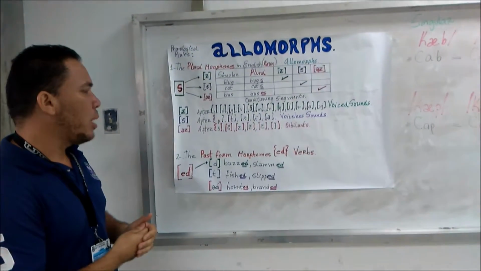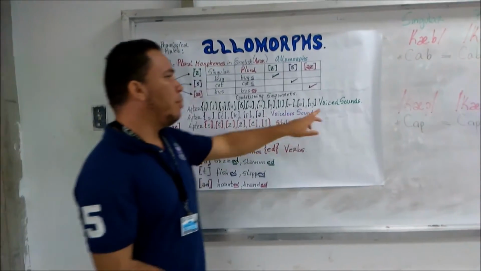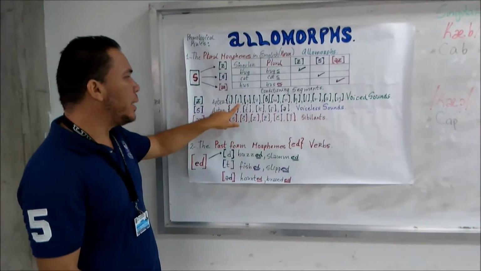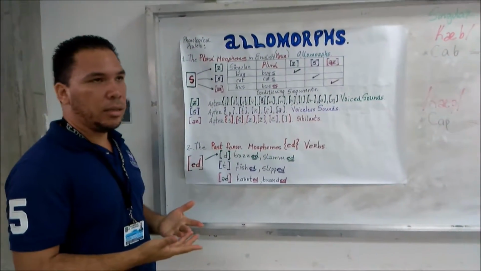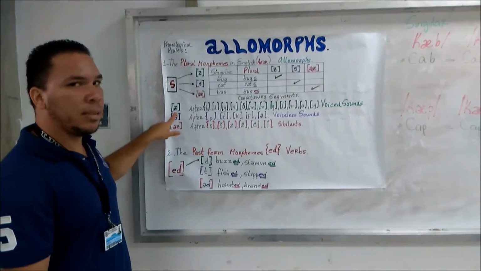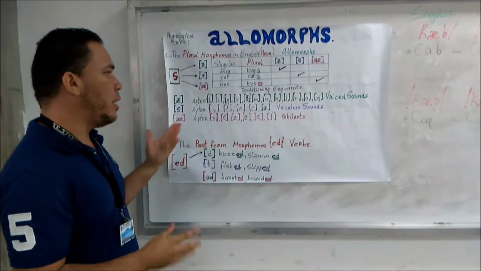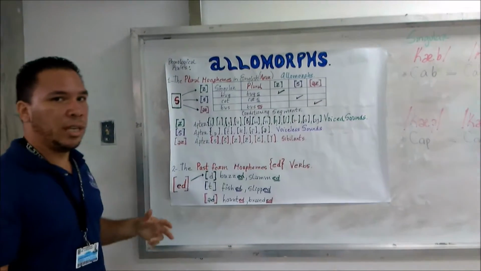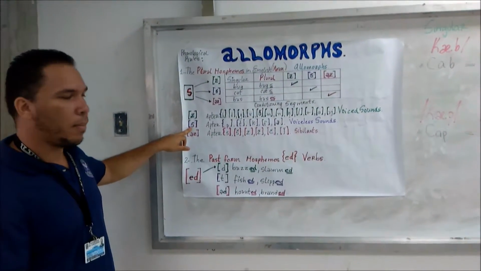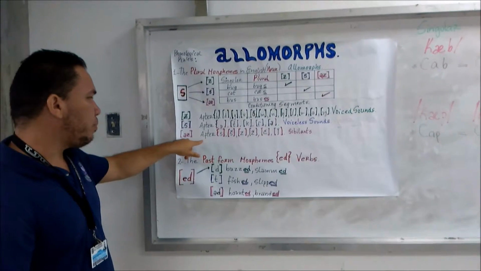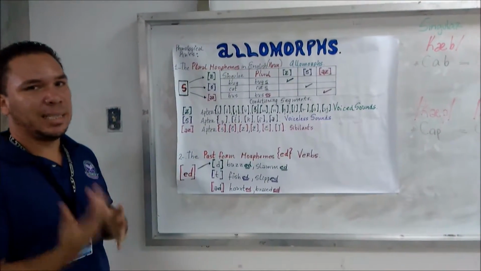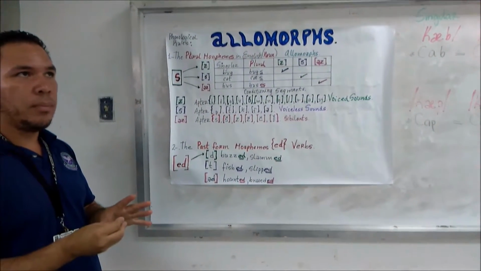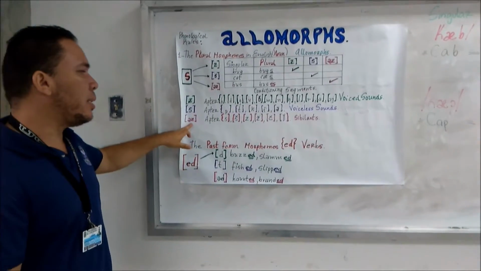Well, if the final segment is a voiced sound, then the final sound is z. But if the final segment is a voiceless sound, then the final sound is s. And finally, if the final segment is a sibilant, then the plural allomorph is iz.